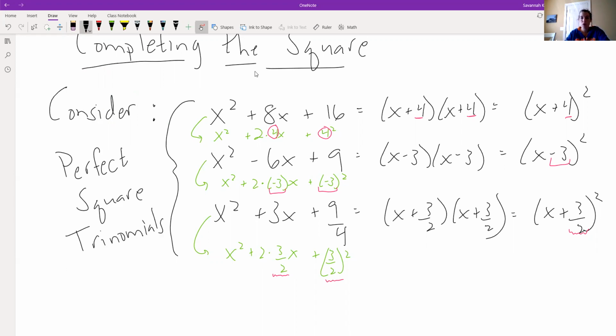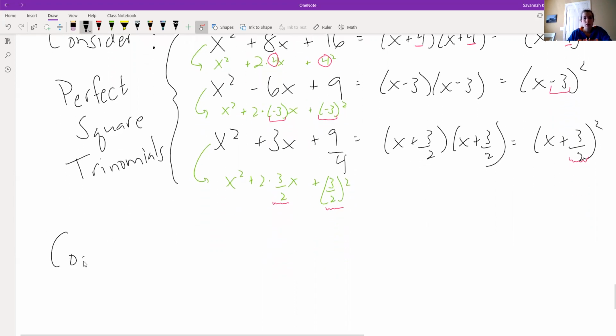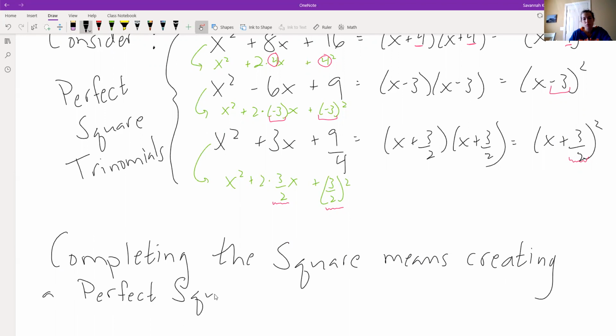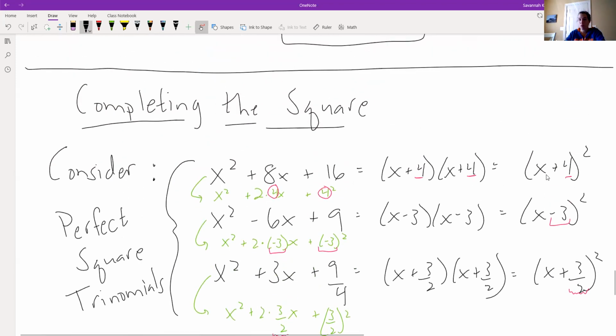So what we want to do when we're completing the square is forcing this situation to happen. And I'm going to use a little bit nicer language instead of forcing it to happen. It means we're creating a perfect square trinomial, specifically because look at the way that they can be written.